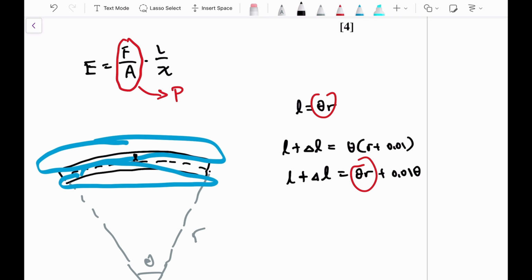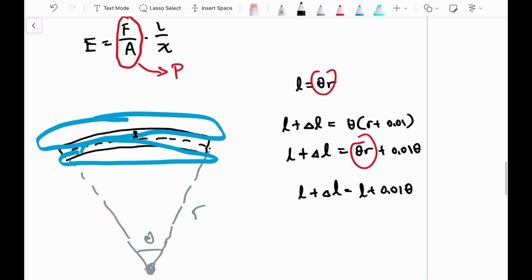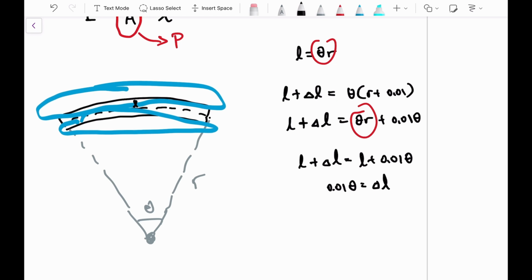So we put L in, so L plus delta L is equal to L plus 0.01 times theta. So what we know simply is that 0.01 theta is equal to the difference in L. Okay, we got something new.